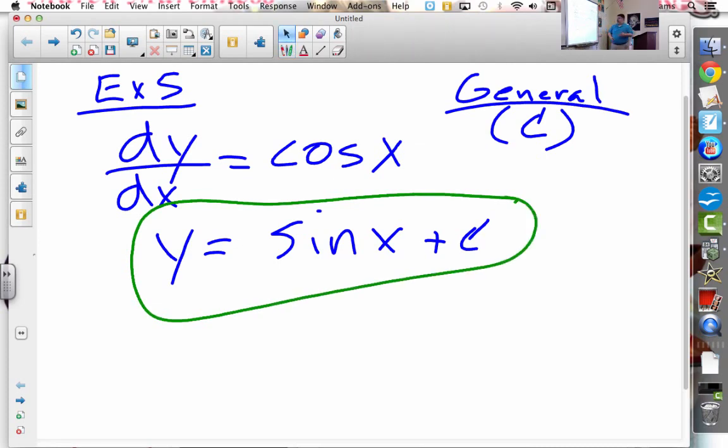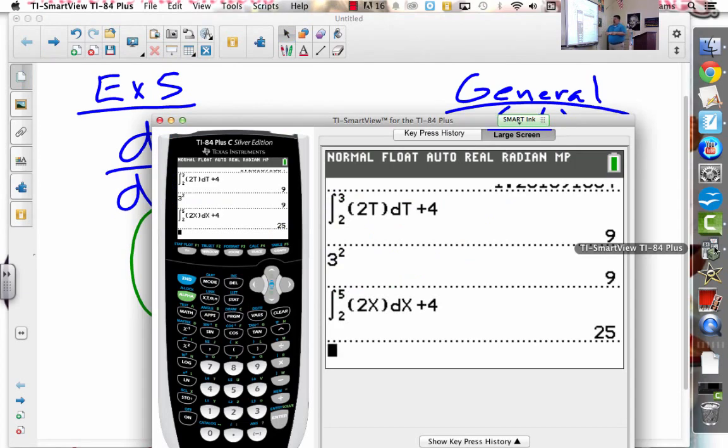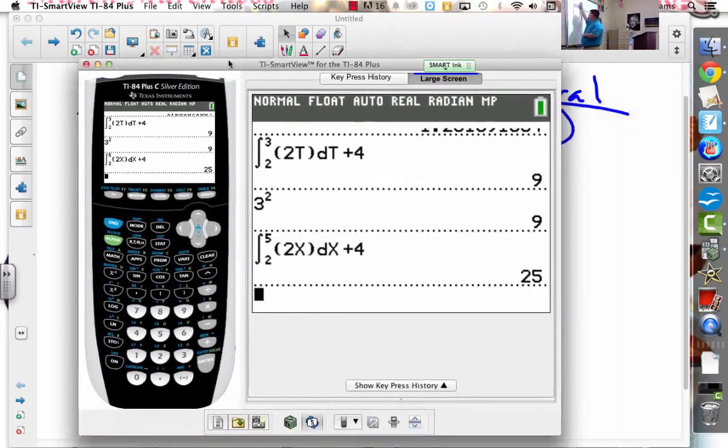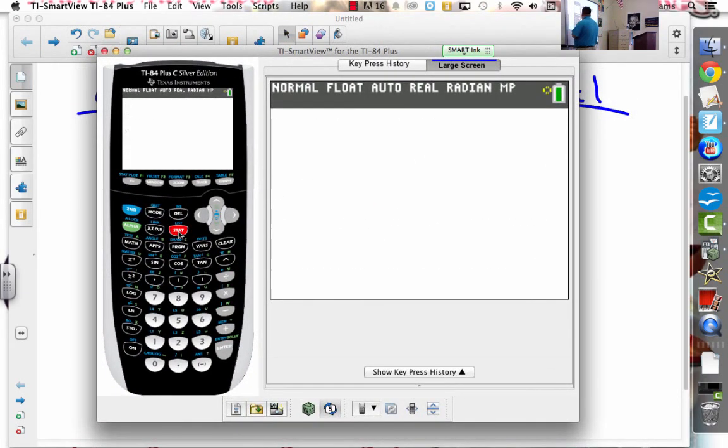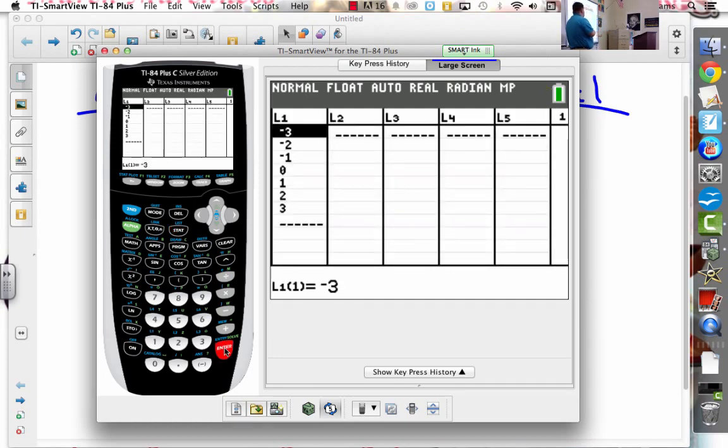What does that mean? Well, if you go into your graphing calculator, and I already have it entered in, but I wanted to show you this. If I go to L1 and I put in a few values from -3 to 3, I can plug in L1 into my equation to represent the family of functions.